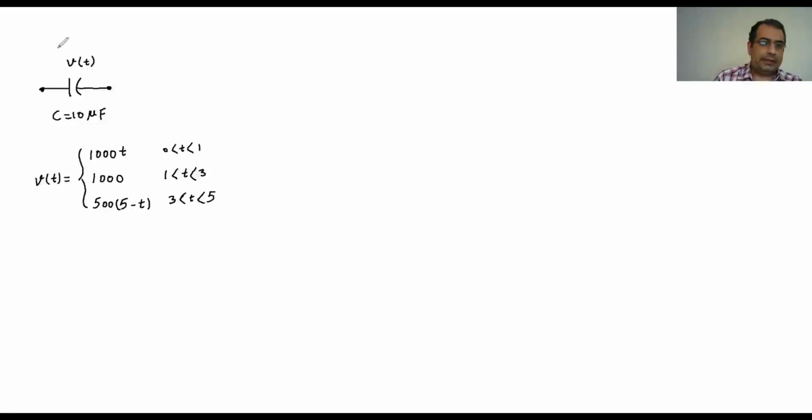So we know the voltage across this capacitor is going to change like this.